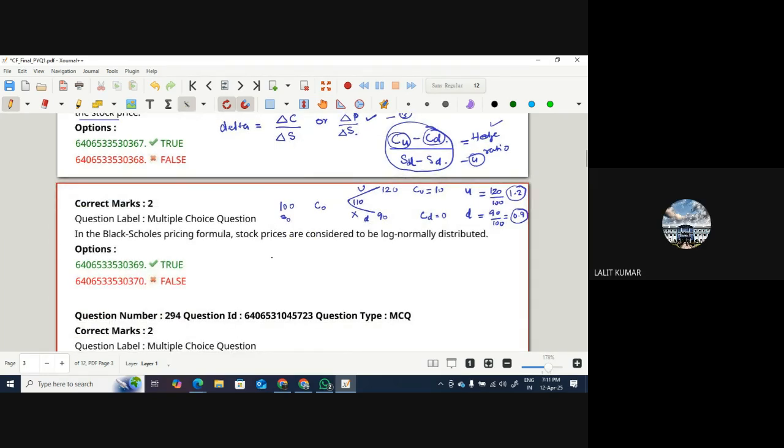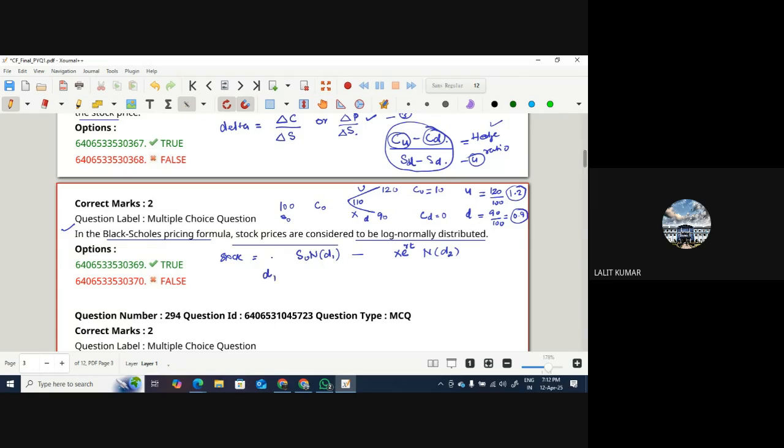Okay. In the Black-Scholes pricing formula, the stock prices are considered to be lognormally distributed. Can somebody help me with this? The call price as per the Black-Scholes formula is something like S0 N(d1) minus X e to the power minus RT N(d2).